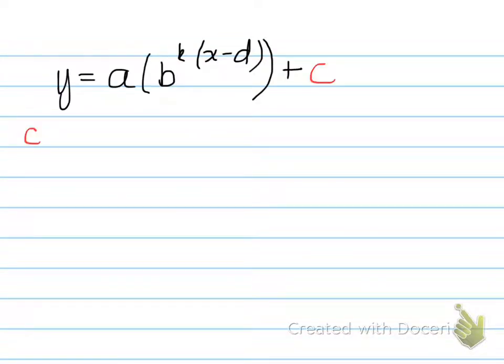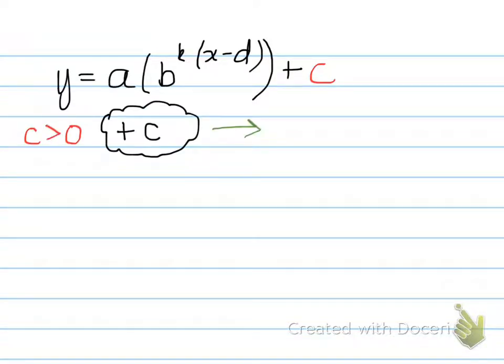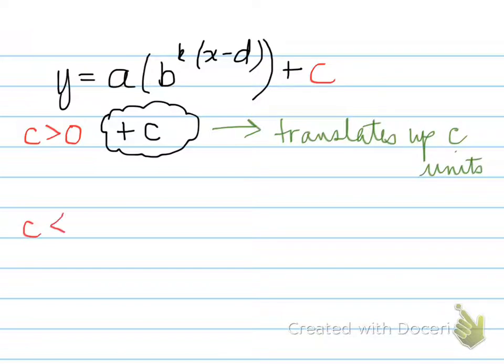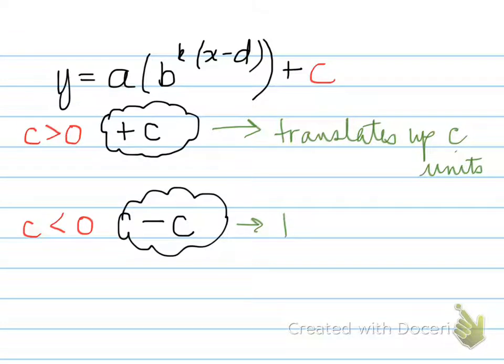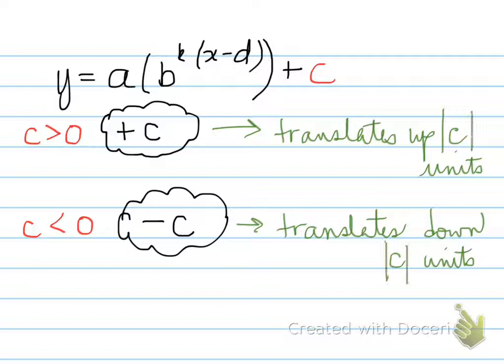Moving forwards, there is the value of C. What does C do? If you see plus C in the equation, it means that the graph moves up C units. If C is less than 0, that means it's minus C, then the graph translates down C units.